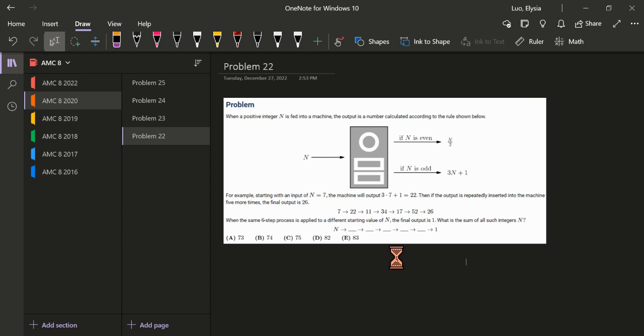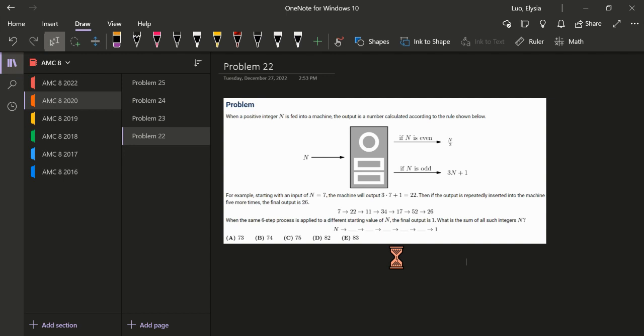For example, starting with an input of n equals 7, the machine will output 3 times 7 plus 1, which equals 22. Then, if the output is repeatedly inserted into the machine 5 more times, the final output will be 26, giving you the pattern shown right there.